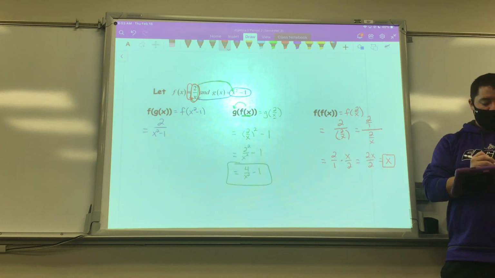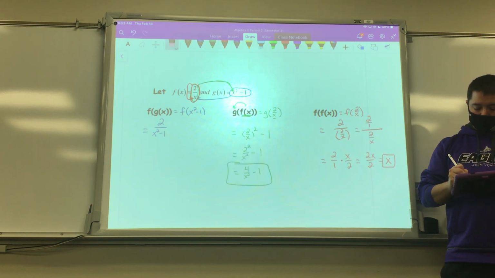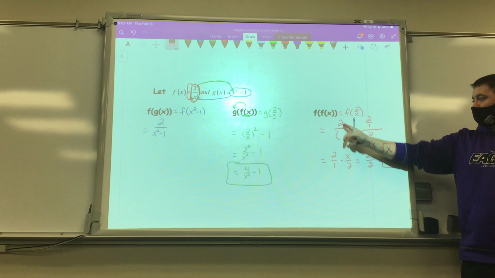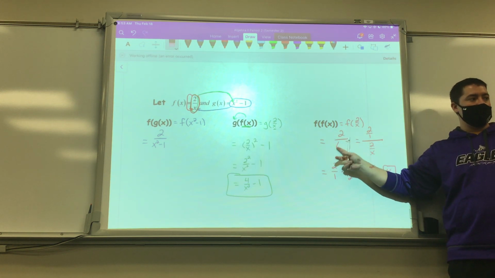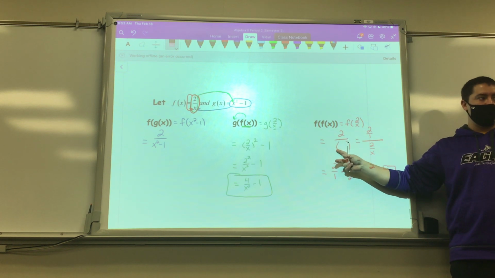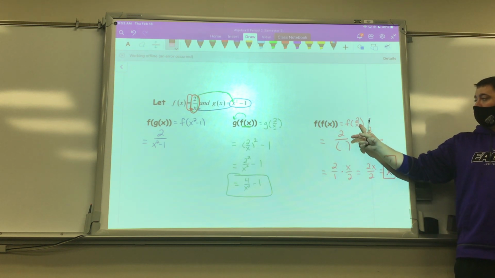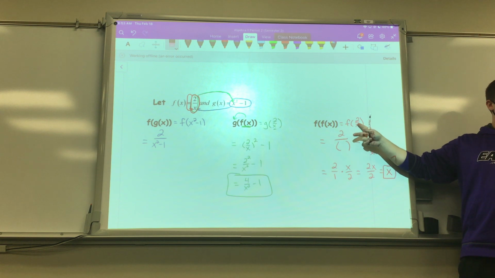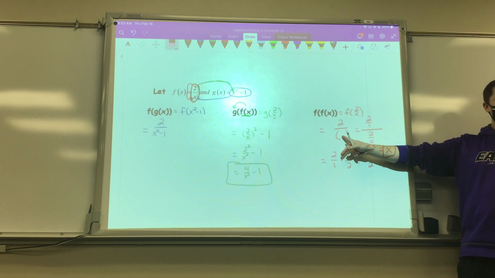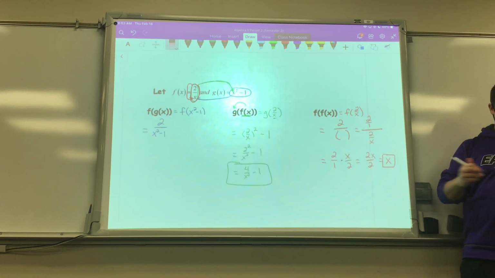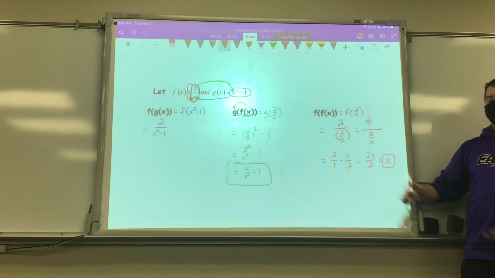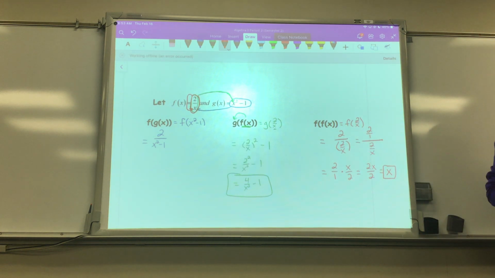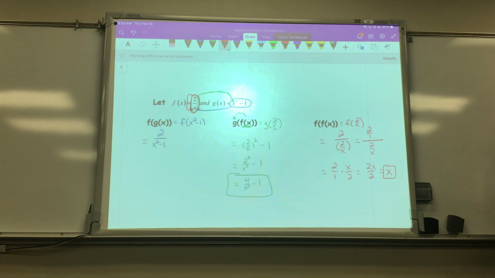So I just replaced x with the parentheses. What am I replacing x with? f of x, which was 2 over x. So I'm just going to put 2 over x into that parentheses. But then that's a complex fraction, right? Now I see. Okay, and then we just got to simplify that complex fraction. This is surprisingly simple.